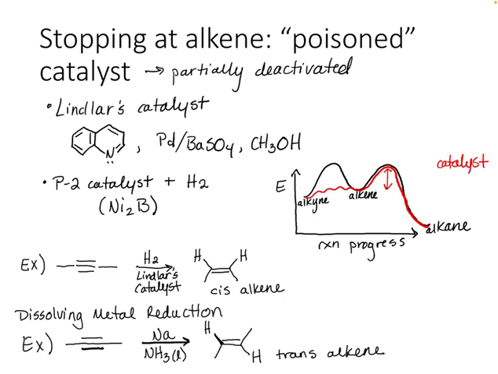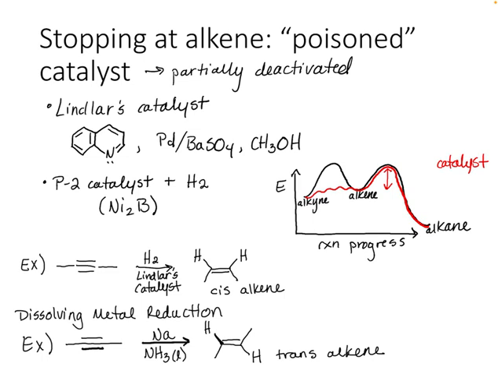Now, there are some issues with dissolving metal reduction. One is that sodium, you might remember, is very reactive, so it can be dangerous to use. Particularly, it's really reactive with water, so you can't have any moisture present. Additionally, liquid ammonia is very hazardous. It can actually eat away at your skin.